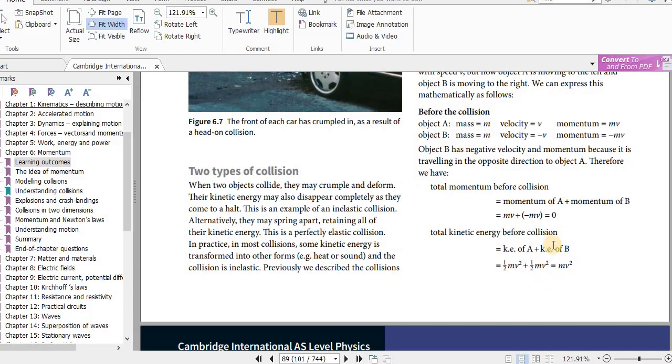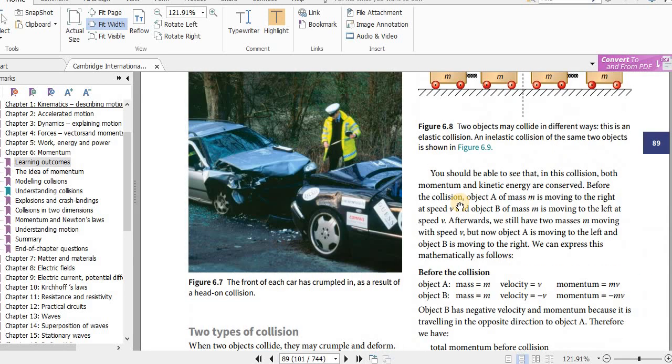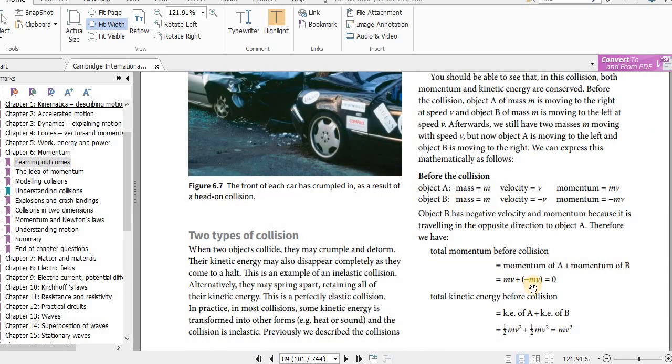The calculation for that is also shown. Okay, what about the kinetic energy? Kinetic energy is half mv squared. So half mv squared.